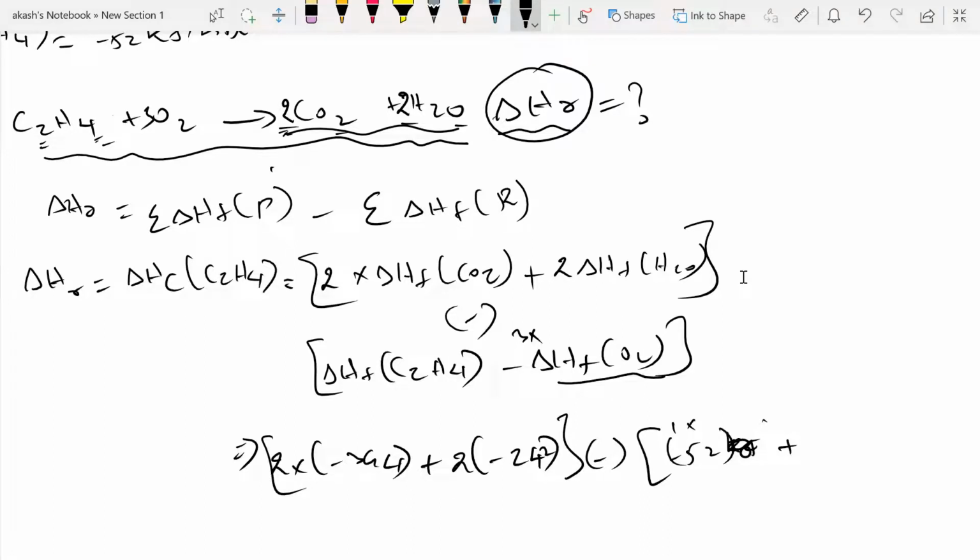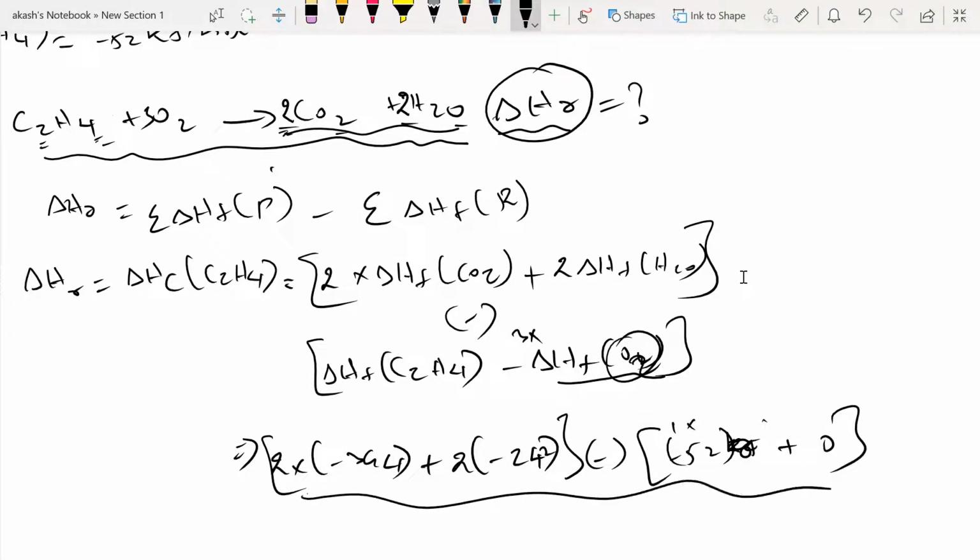What is the value of enthalpy of formation of O2, people? 0, sir. 0, right? Because oxygen is in the standard state. This is your free state or standard state of oxygen, and whenever some element is in standard state, the enthalpy of formation value is going to be 0. That's it.